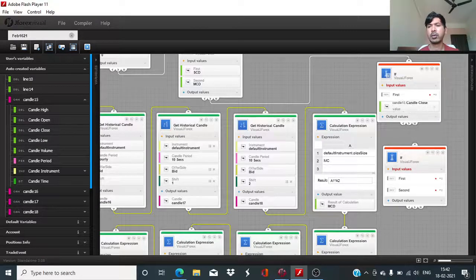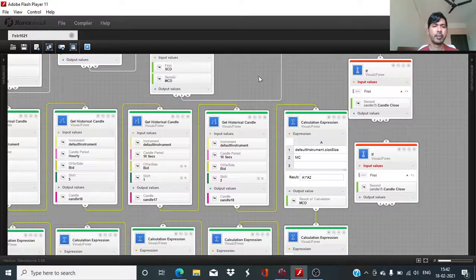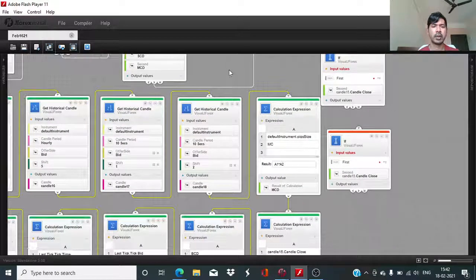Candle close, and here candle 17 and candle 18's closing levels.